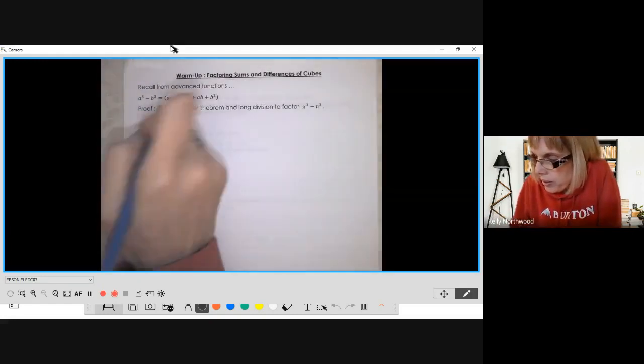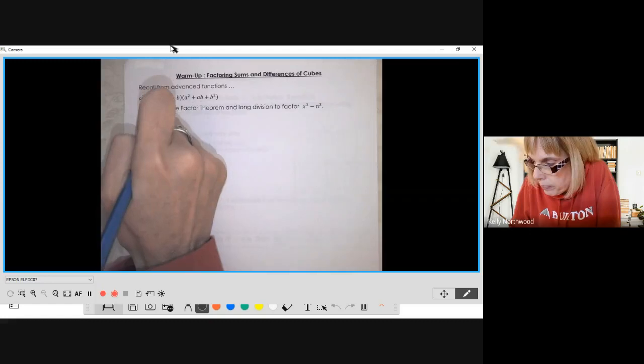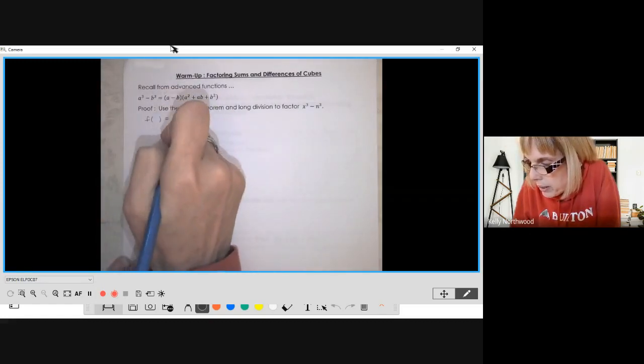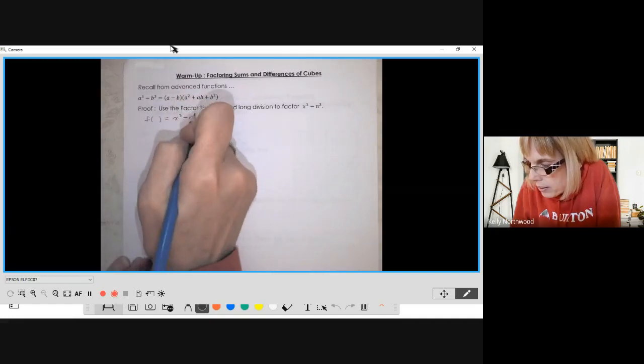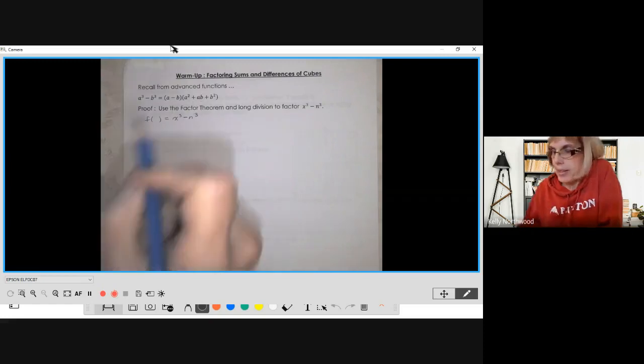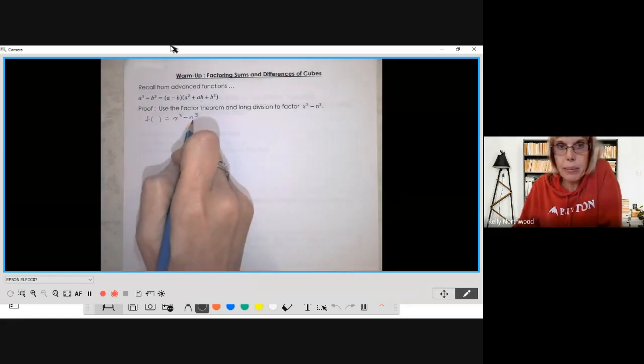If you remember the factor theorem, we want to find a number that would make this function equal to 0. So x is a variable and n is a constant, like any number.